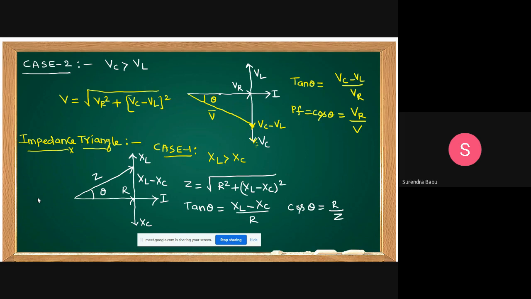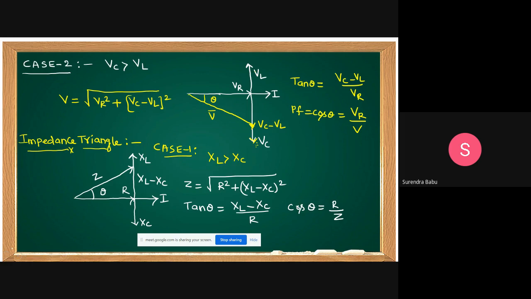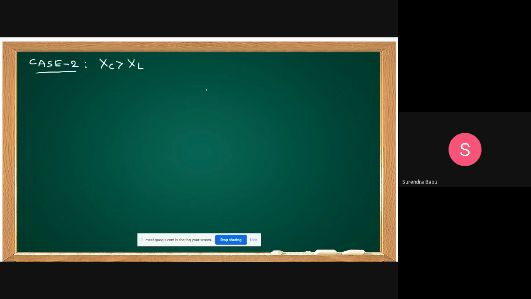Can you draw the impedance triangle for case 2? Case 2 means which is greater? I am assuming that XC is greater than XL. Yes, you try this one. Come on, students. For XC greater than XL, first, it is a series circuit, so current is the reference and remains constant.